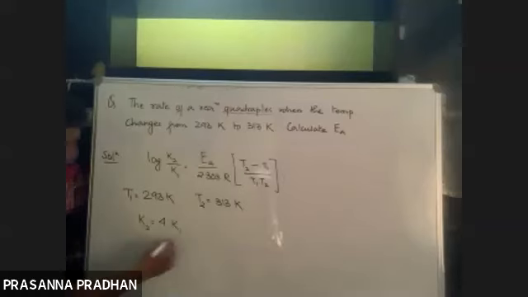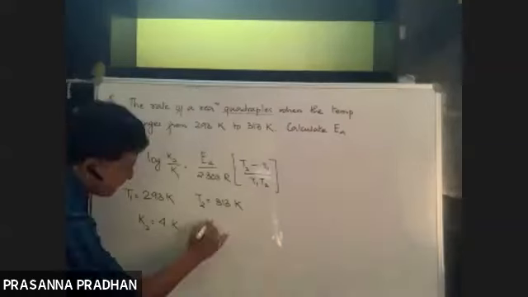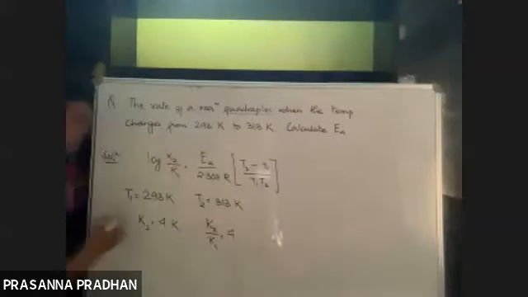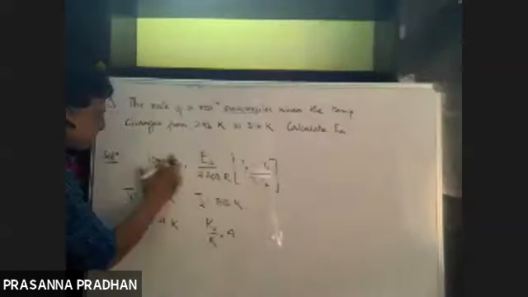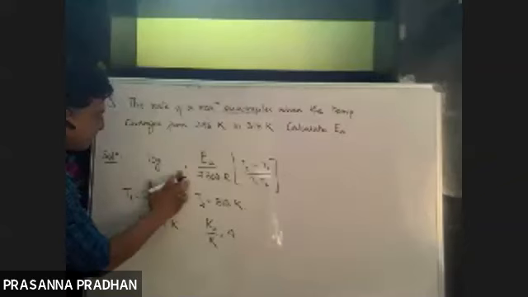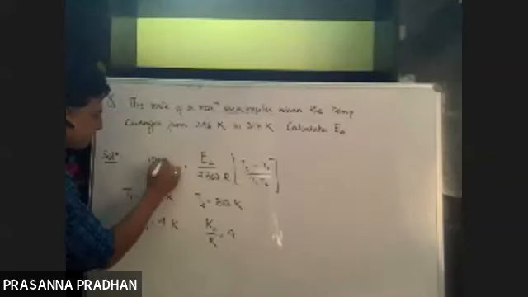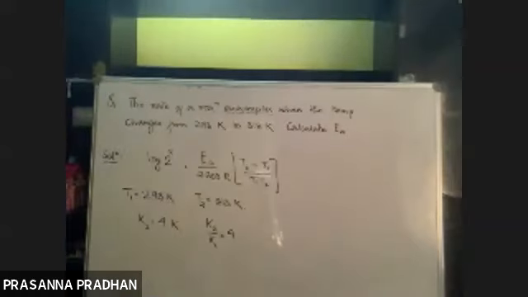That means the value of K2 by K1 is equal to 4. So what are we going to do now? Let's substitute the values in the equation.